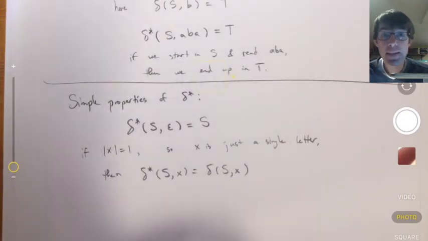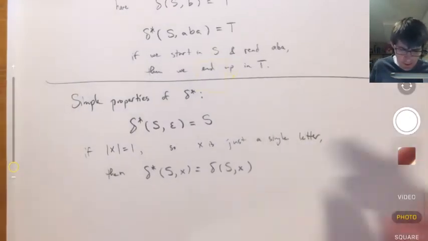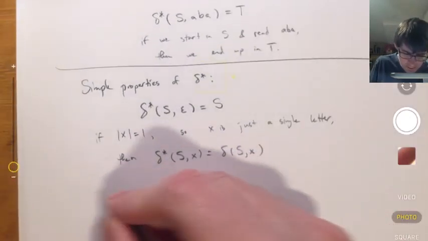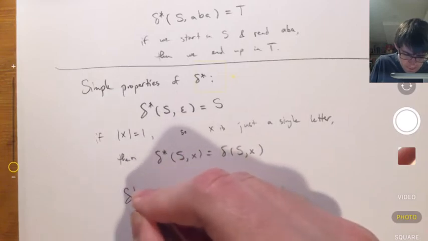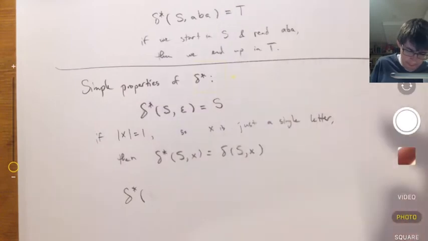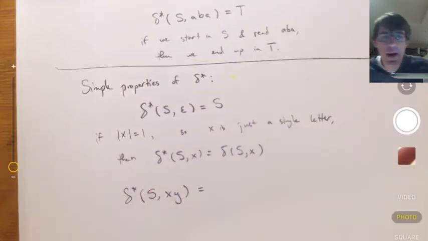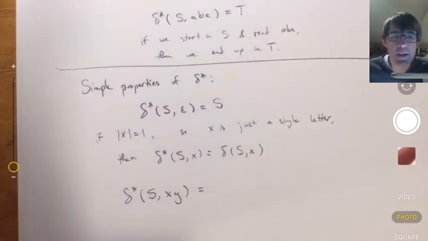And then one last simple property. This one is a little less clear, but here it is. Delta star of S and xy. What if I have a string followed by another string in that position, x and then y? Now, I would like to say something about what the answer of that is.